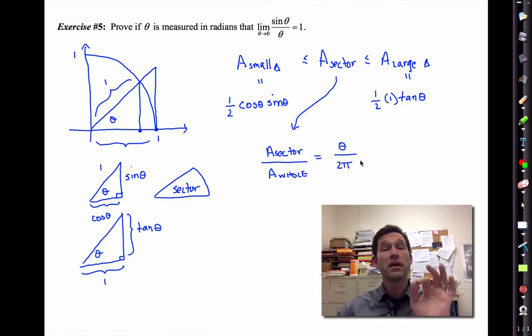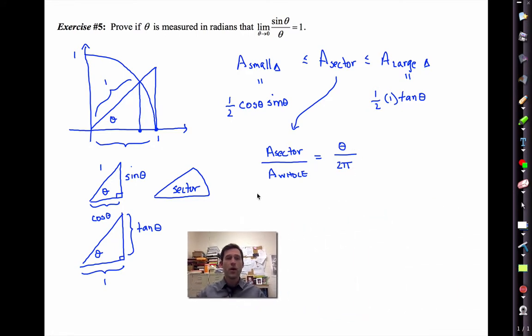Now again, because I am working in radians, I'm just looking at the ratio of that central angle to the total, right? But that means the area of the sector is equal to theta divided by 2 pi times the area of the whole.